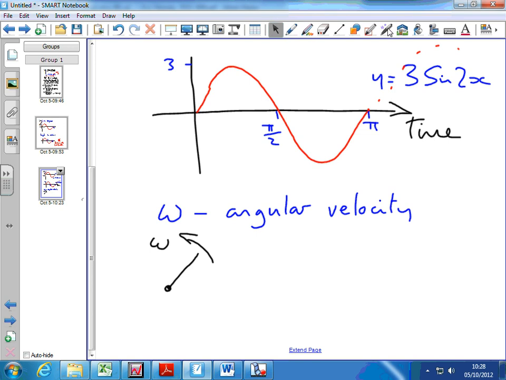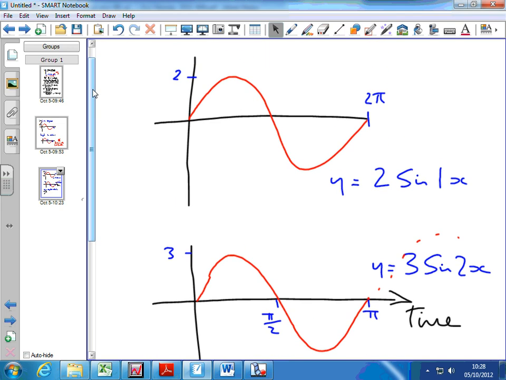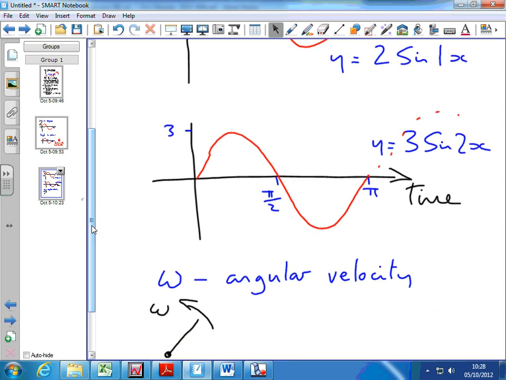So within a certain time period, 2 pi, I'm getting 1 cycle. Then I double the rate of oscillation, the angular velocity, and I get 2 cycles within that same time period. Or, what's the time for 1 cycle? Half of what it was before.